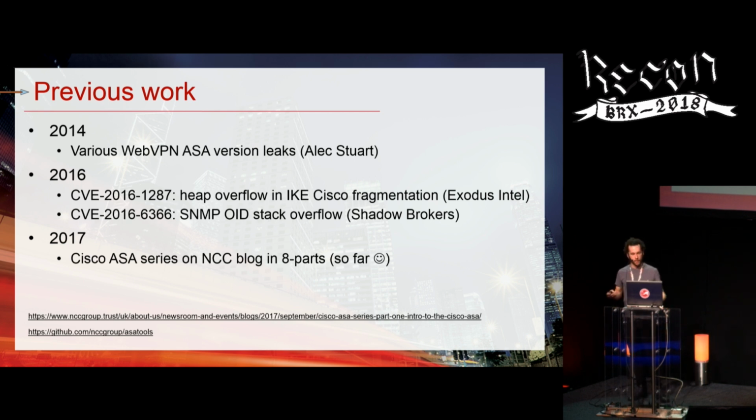So we looked at the ASA and developed a bunch of tools to analyze the memory, to have a better debugging experience, to unpack and repack firmwares, and we released 8 blog posts. If you want to look at ASA, I really recommend you look at these blog posts, because I'm not going to talk about that today, but it gives you a good base to get started.